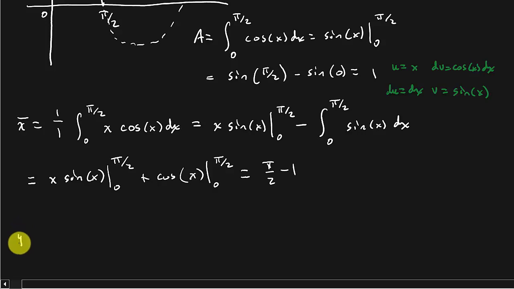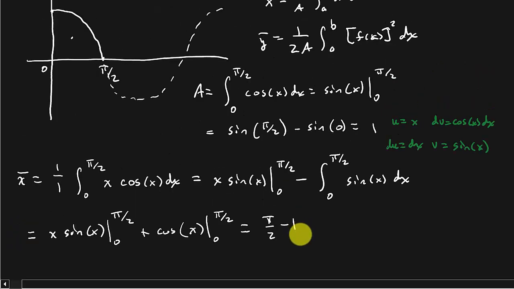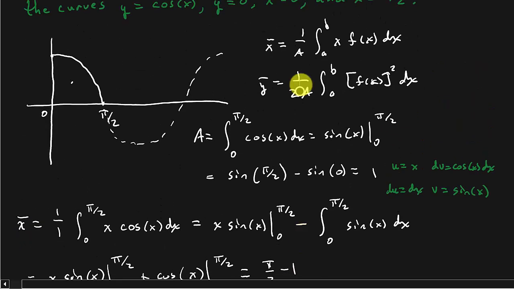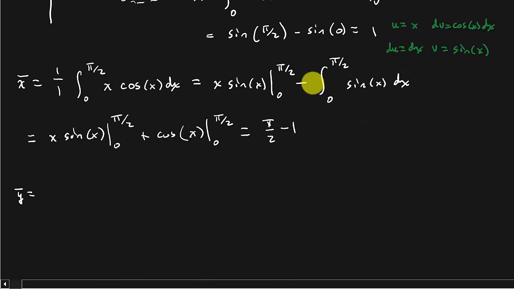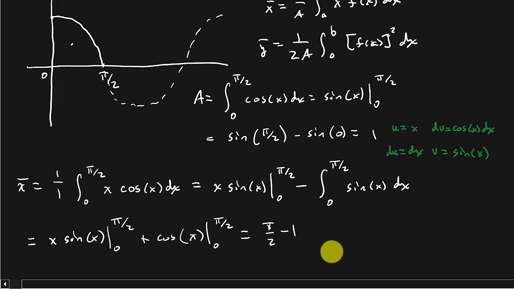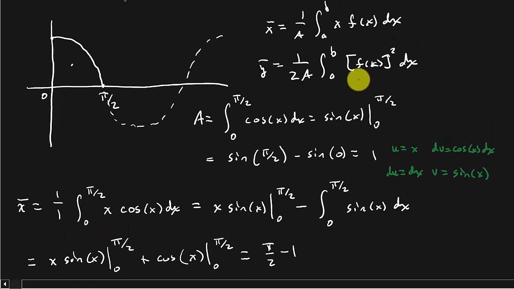Now let's look at y bar. So that's going to be 1 over 2 times A, so 1 over 2 times 1 times the integral 0 to pi over 2 of f of x squared.